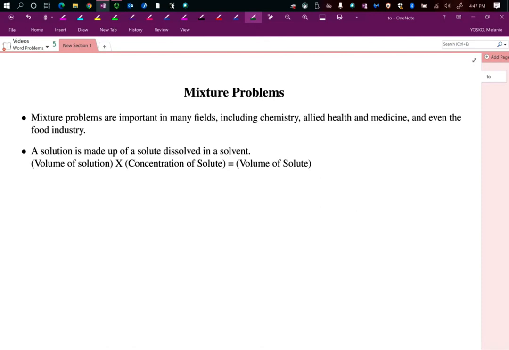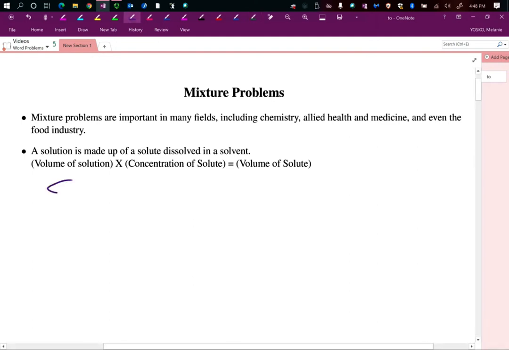So let's think about making it actually like a solution. A solution is made up of a solute dissolved in a solvent. We know that the volume of the solution times the concentration of the solute will give you the volume of the solute. So let's think about what we have here.